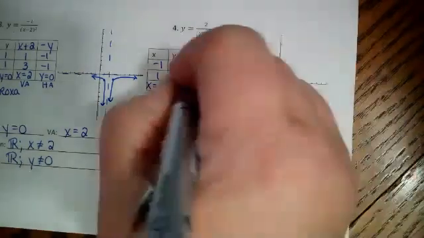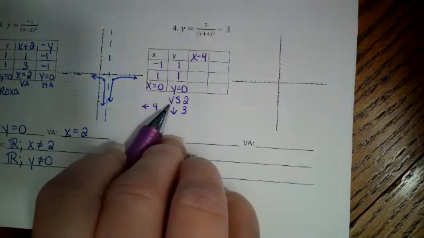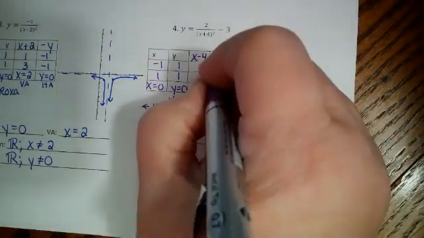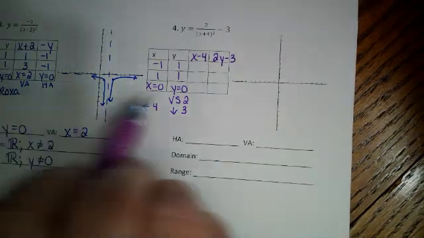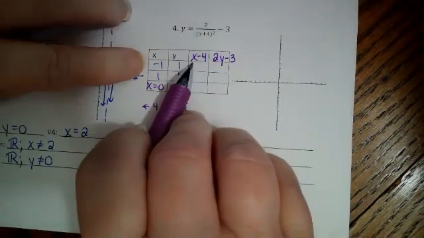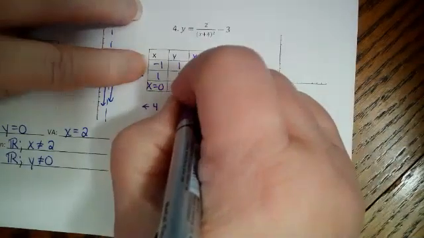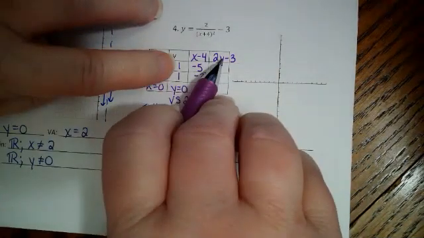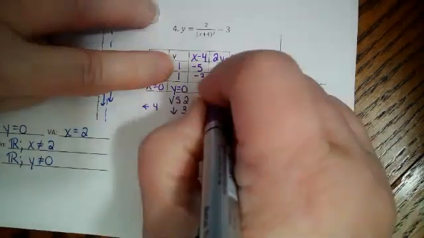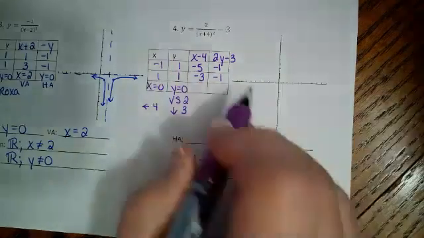So if I move to the left 4, I'm going to write x minus 4. And I did a vertical stretch by 2. So that's 2y minus 3. And now we get our coordinates. Negative 1 minus 4, positive 1 minus 4. 2 times 1 minus 3 for both of those.